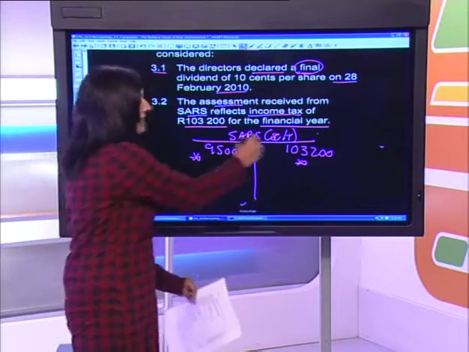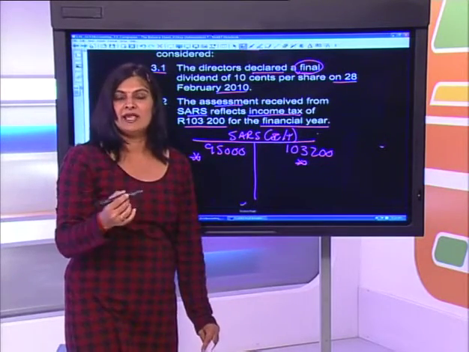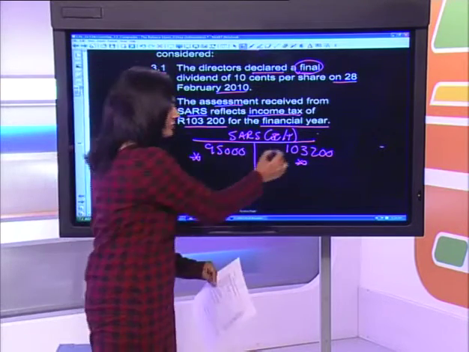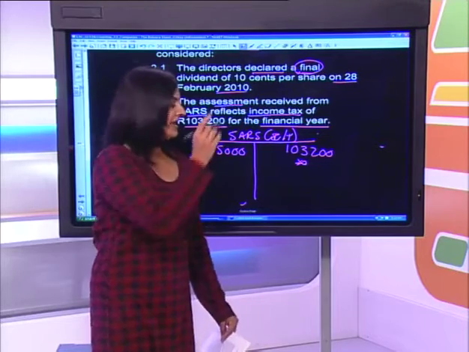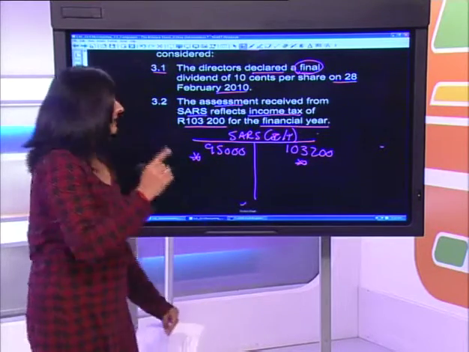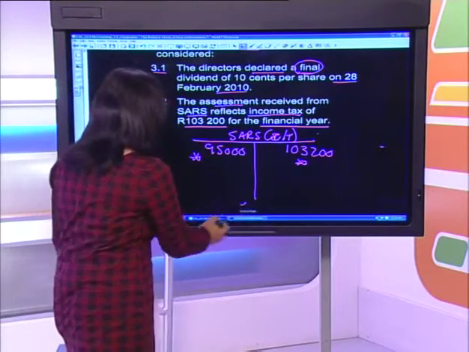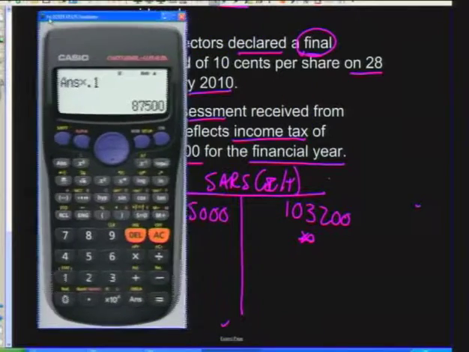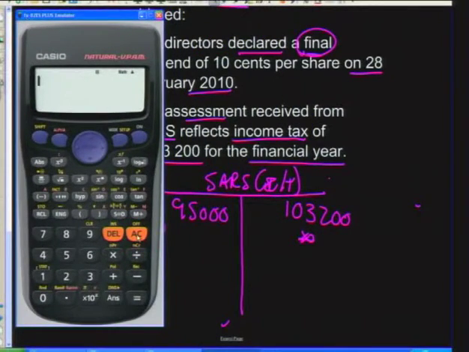In other words, if I balance this account, guys, I'm going to end up with a credit balance. I am still owing the receiver. I should be paying the receiver 103,200. I have only paid 95,000, which means, let's just move that calculator. Okay, which means I still need to pay the receiver.